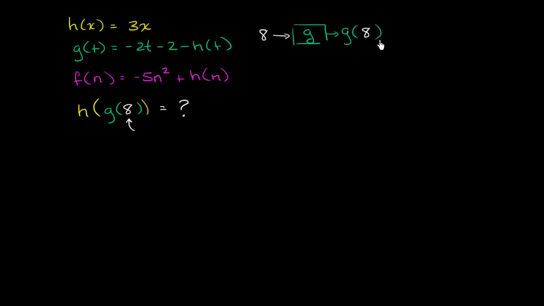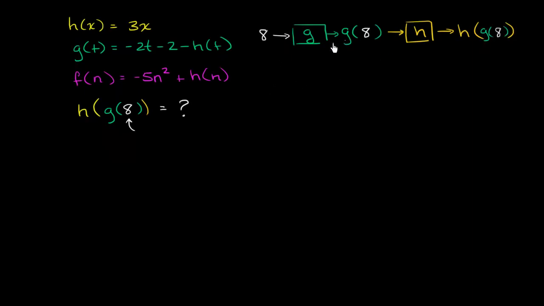And then we're going to take whatever value that is and input that into the function h. So we're going to take this whole thing, and then input that into the function h. And what we will have will be h of what we inputted, h of g of 8. So let's just do it one step at a time.